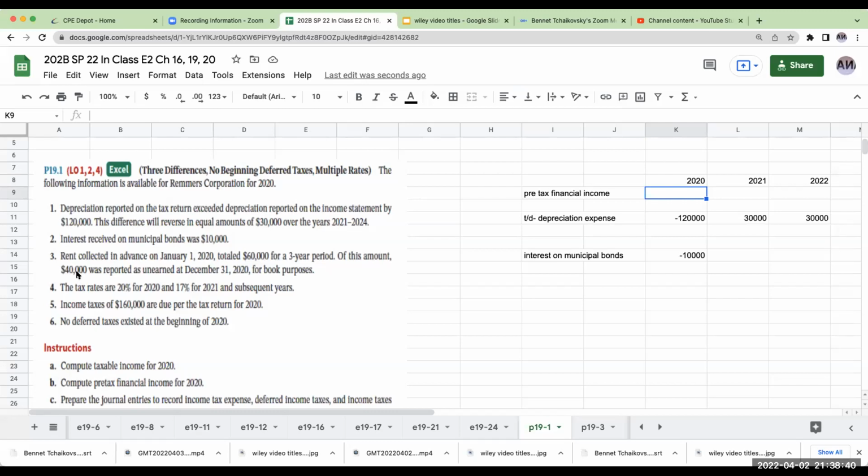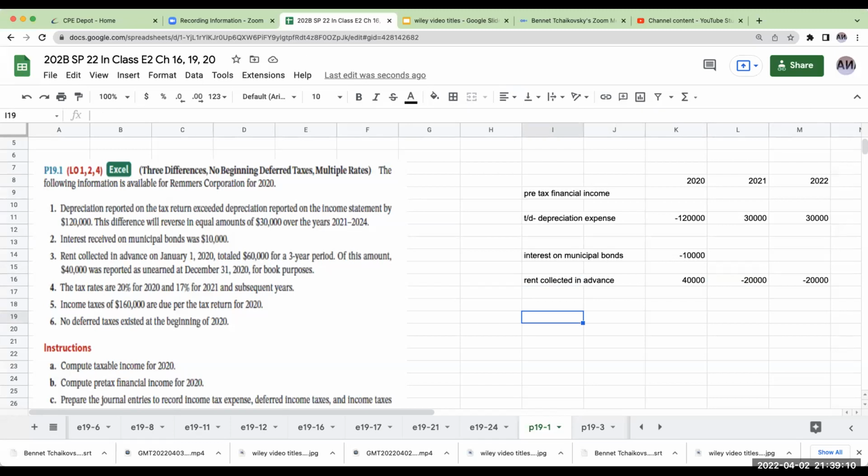But for tax purposes, if I've collected it, I'm going to have to add back the amount of cash that I collected because that is taxable to me now. So this would be a positive amount of $40,000. So rent collected in advance. So I'm going to be paying tax on this now. However, in 2021 and 2022, these would be going through and reversing out.